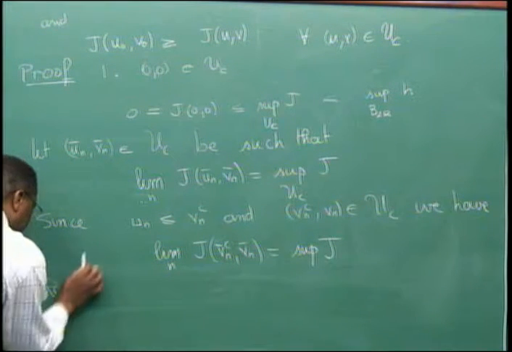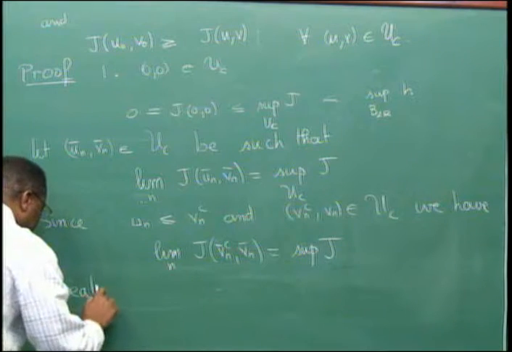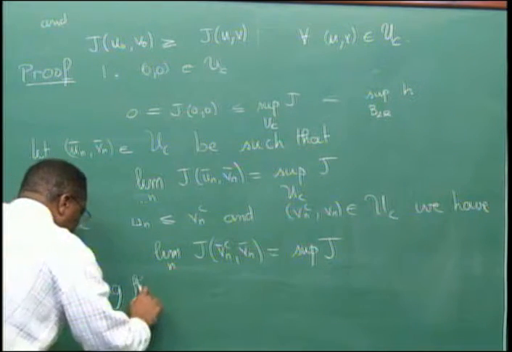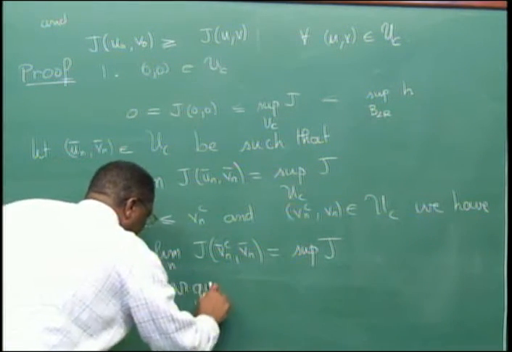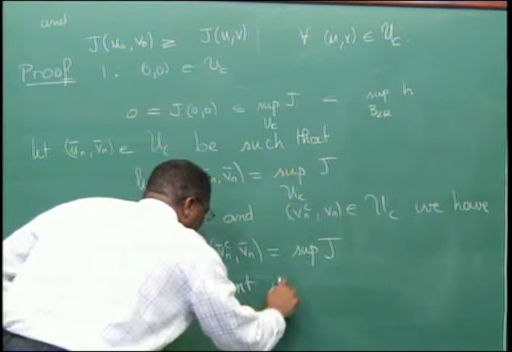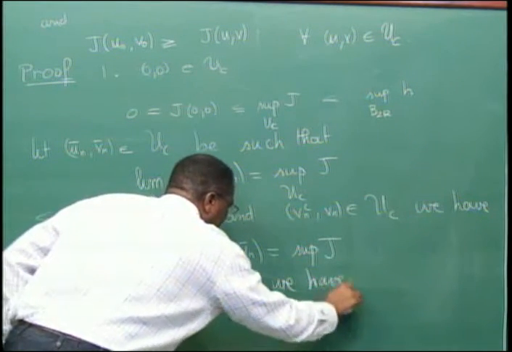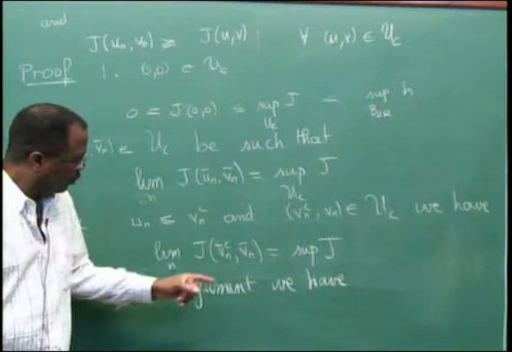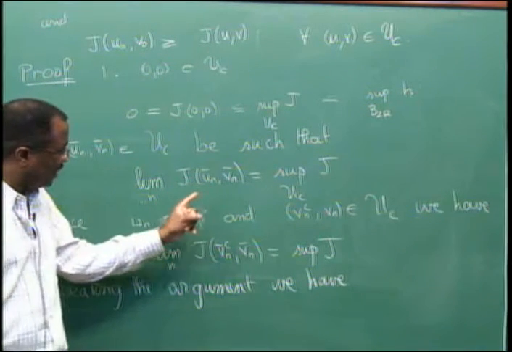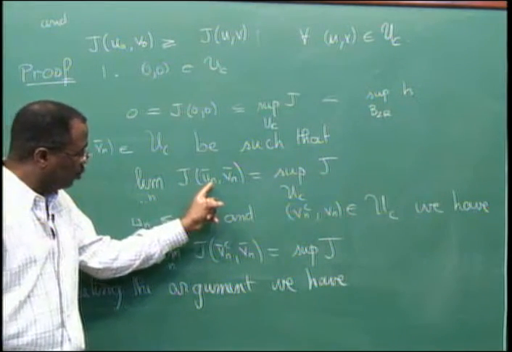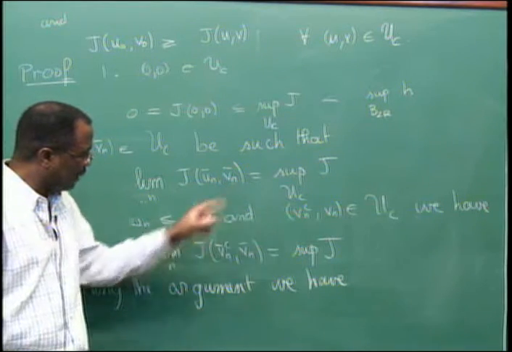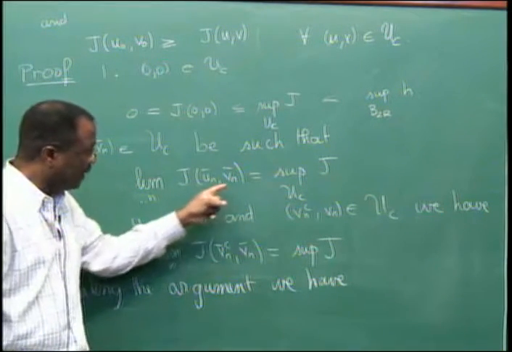Repeating the argument. So this argument says that when I have un and v bar n, I can replace one of them.